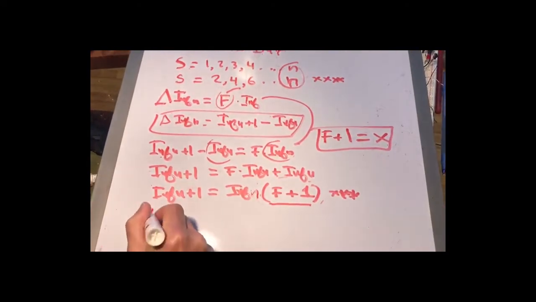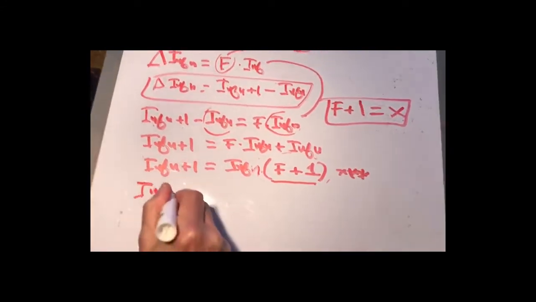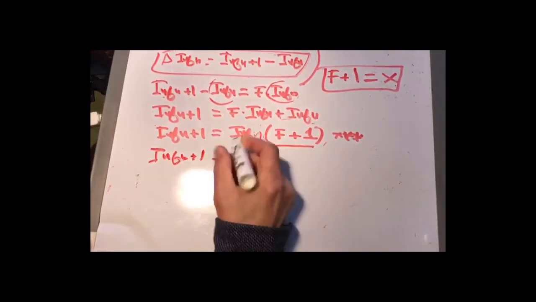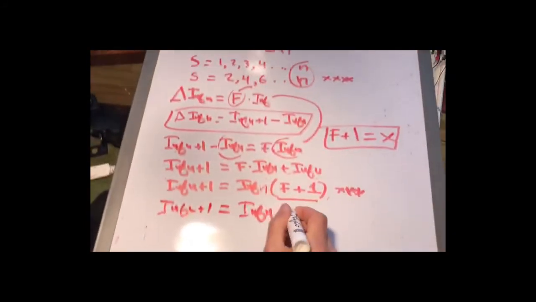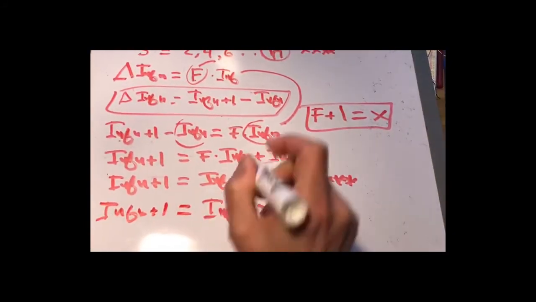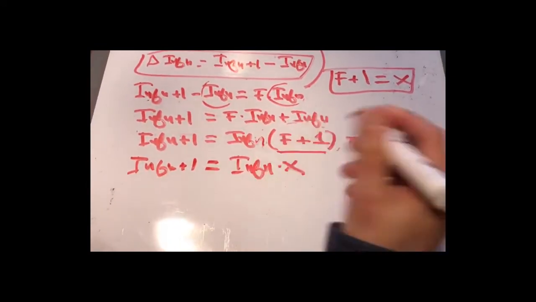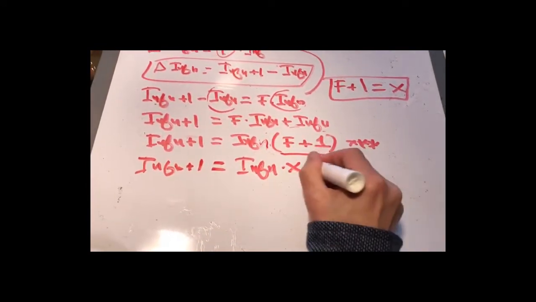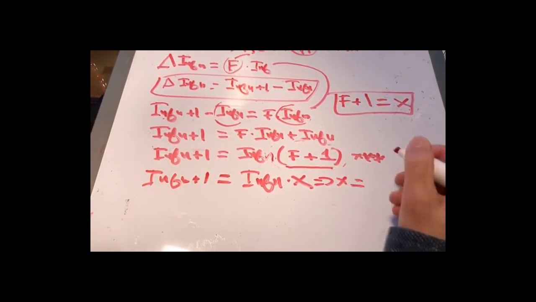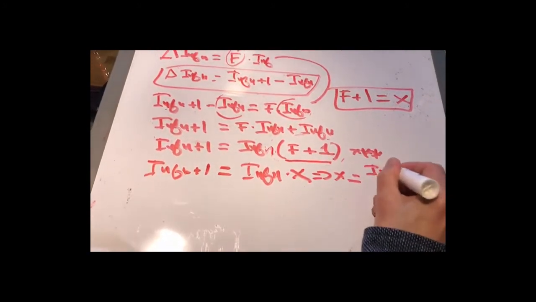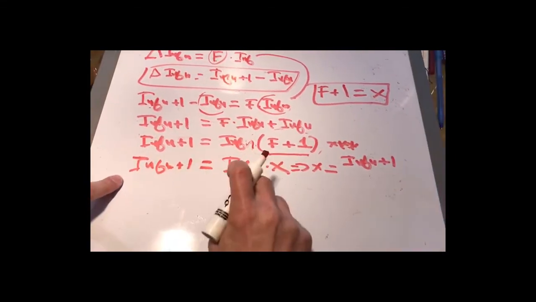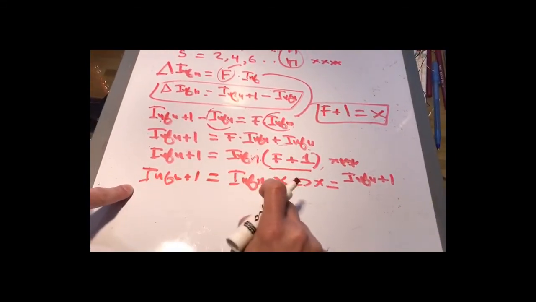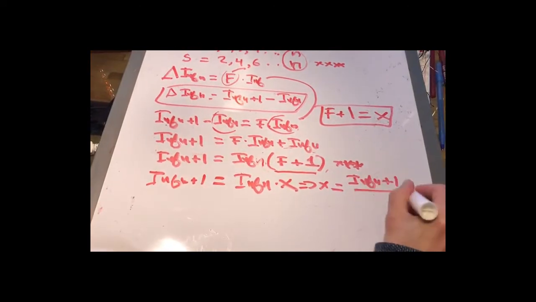So I can say here, infected people plus 1 equals the infected people, and I multiply by x. And right now, this is the factor I'm looking for, because I can isolate x. I say x is going to be equal to infected people plus 1, this value I have here, divided by the infected people, because it's multiplying, it's going to be dividing.